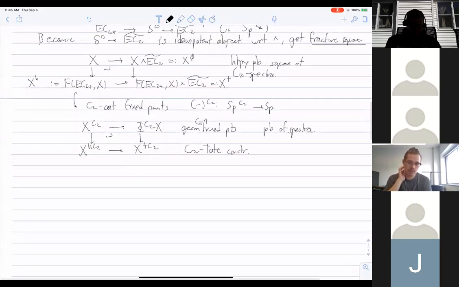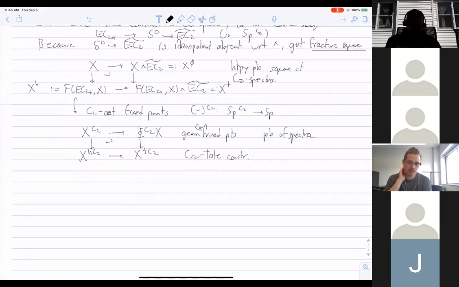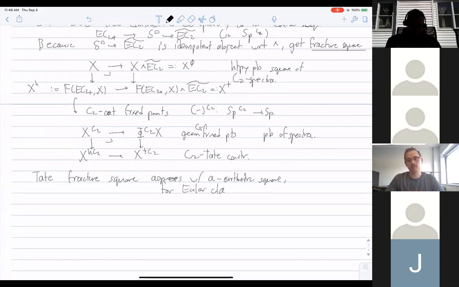Now, I want to consider, however, the pullback square of C2 spectra. And you also might be familiar with a different pullback square, which I'll describe shortly, but let me just say that the Tate fracture square agrees with the A arithmetic square, where A is the Euler class for the sign representation, sigma.